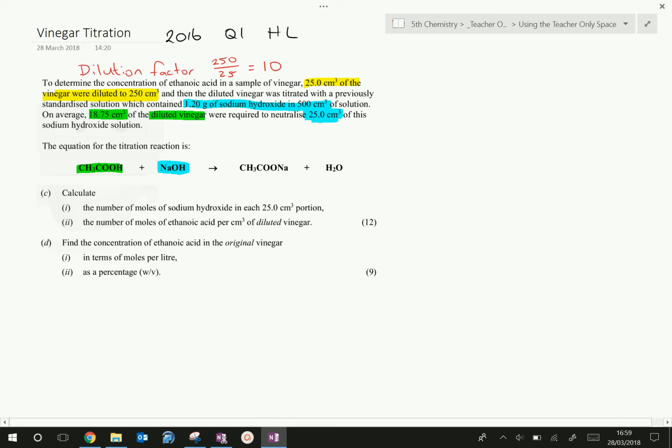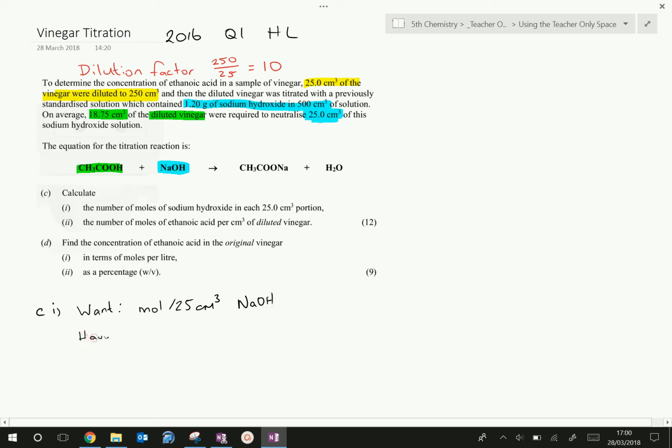We can get on to actually calculating. For C part 1, we're asked to calculate the number of moles of sodium hydroxide in each 25 ml portion. So I want moles in 25 ml of sodium hydroxide.